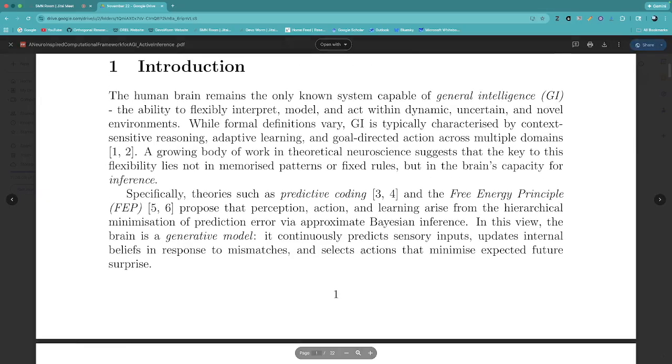It continuously predicts sensory inputs, updates internal beliefs in response to mismatches, and selects actions that minimize expected future surprise. So we have prediction, response to mismatches, and minimizing surprise. Those are like the three basic components of active inference.